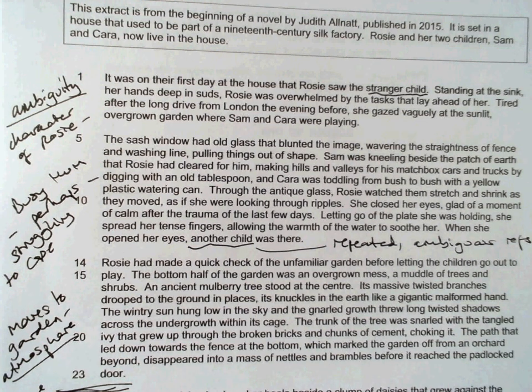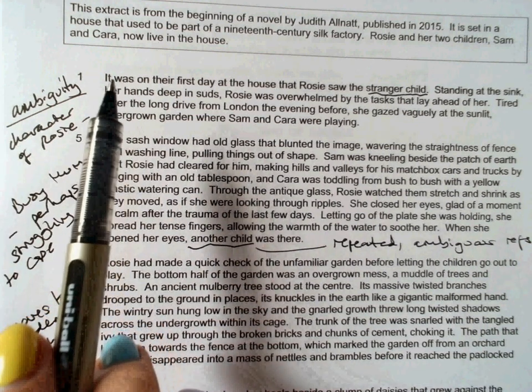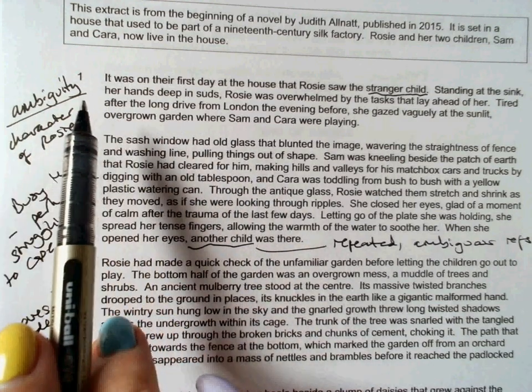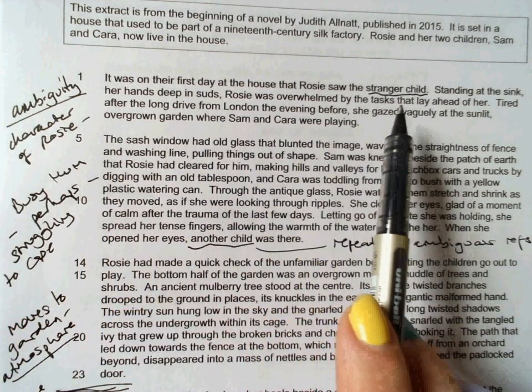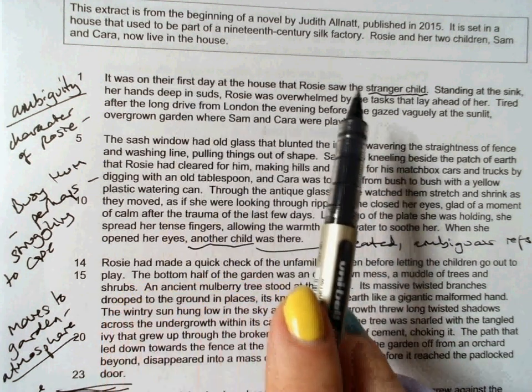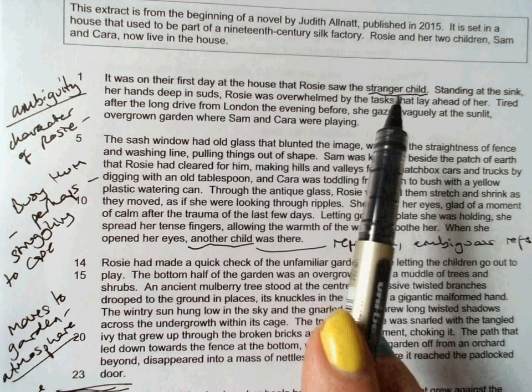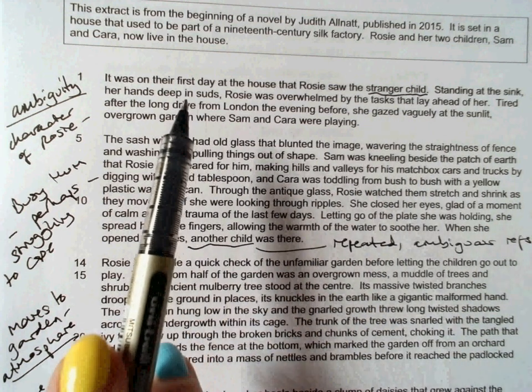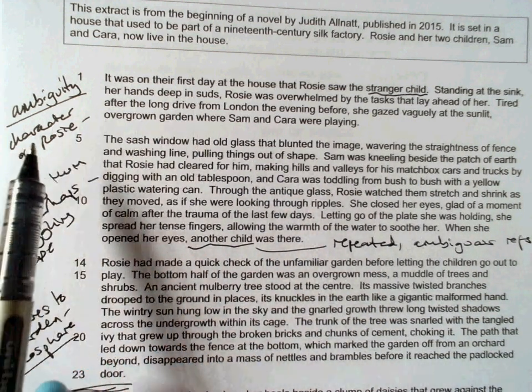Interestingly, the first thing that I noticed structurally that this writer uses is a sense of ambiguity. "It was on their first day at the house Rosie saw the stranger child." There's something interesting about it being the first day there, and then there's this ambiguous child out in the garden. So we get the introduction to Rosie as a character.